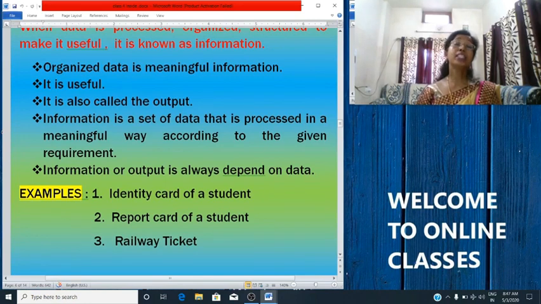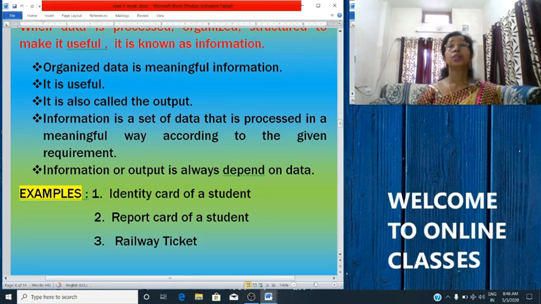Now, let's see some examples of data and information. Suppose the identity card of a student. Every year you are getting the identity card from school.